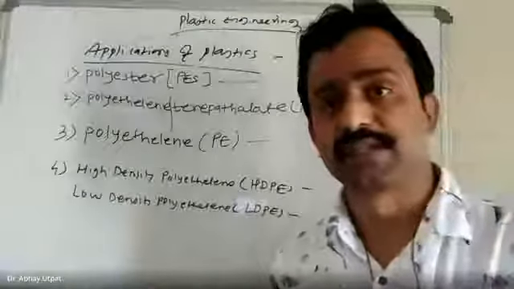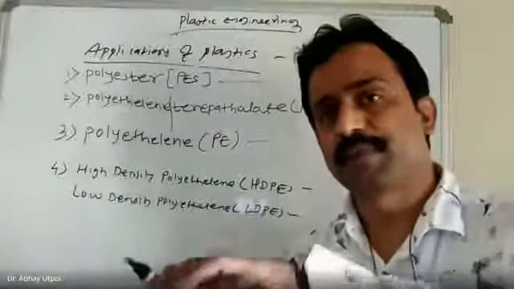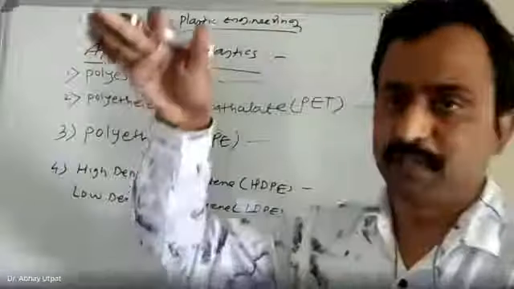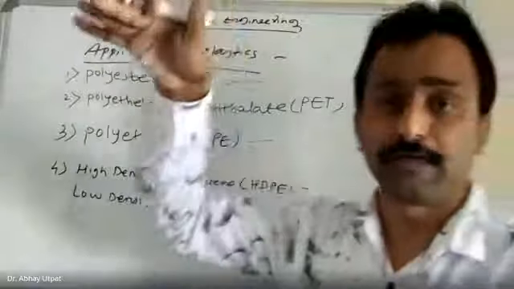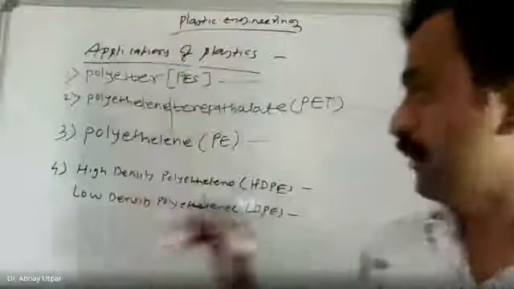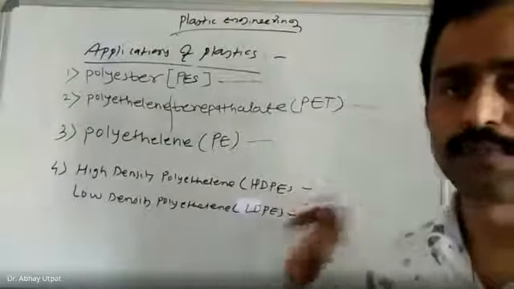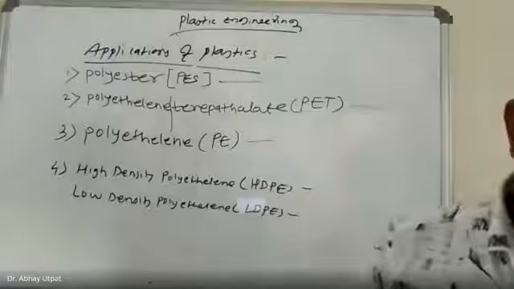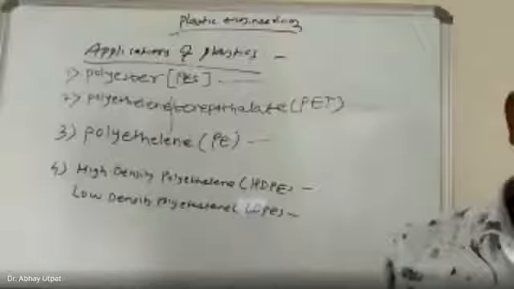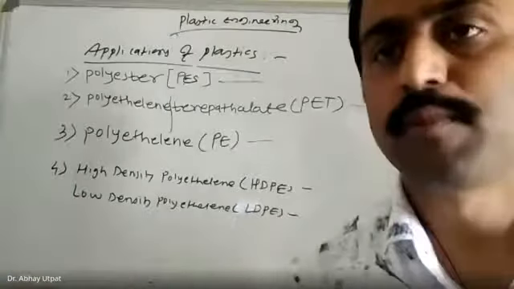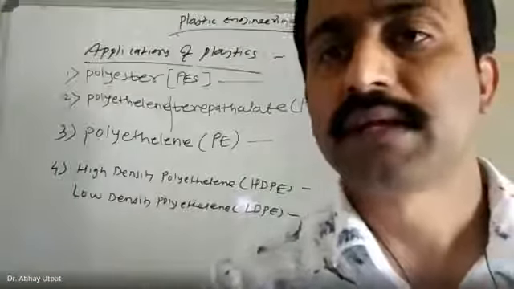Nowadays, you might have seen, earlier drainage pipes were made up of cement, but large capacity, maybe 1 feet to 2 feet diameter pipes are made up of HDPE, high density, low density polyethylene. So you can write drainage pipes, detergent bottles, and molded plastic cases.